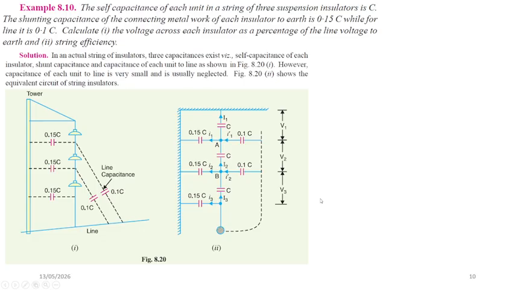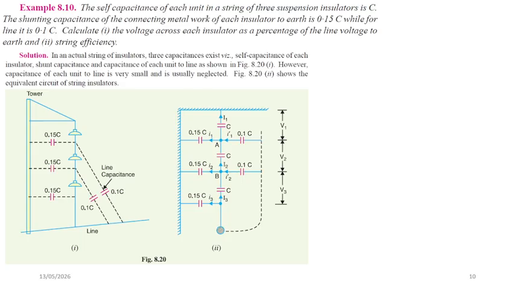So this slide presents the analysis of a three-unit suspension insulator string, considering the effects of self-capacitance, shunt capacitance to earth, and capacitance to the transmission line.